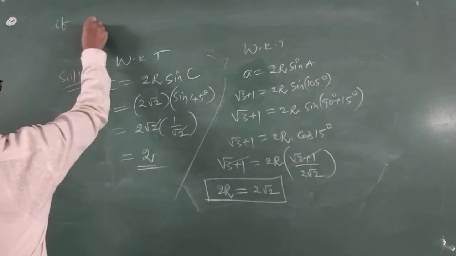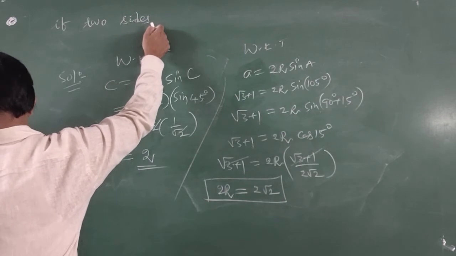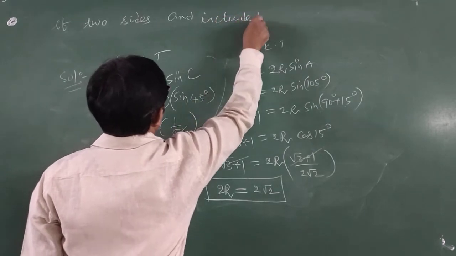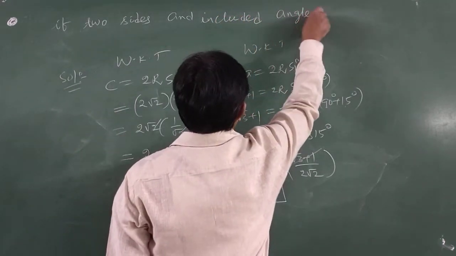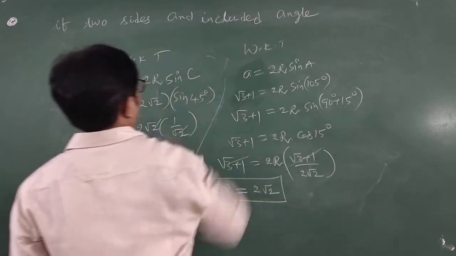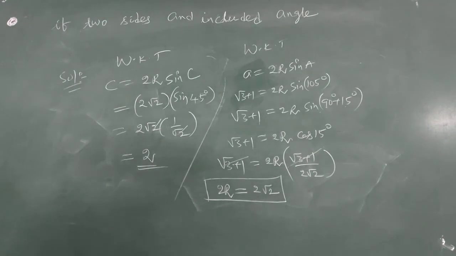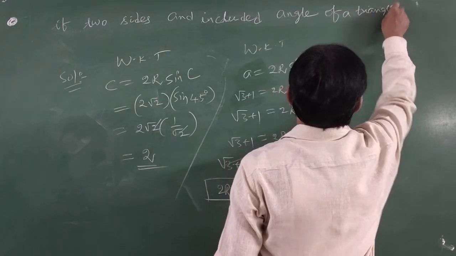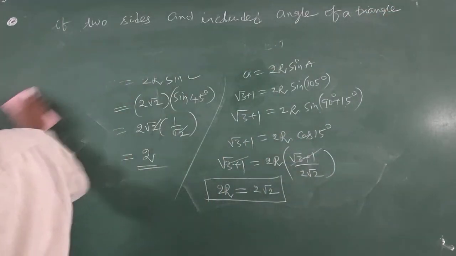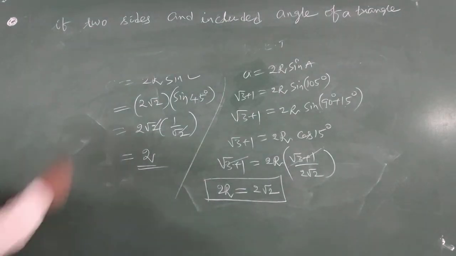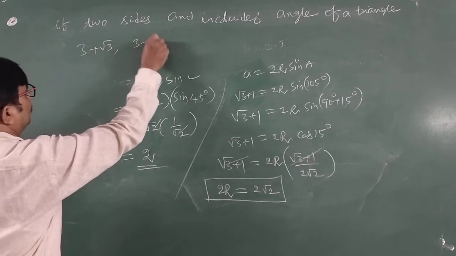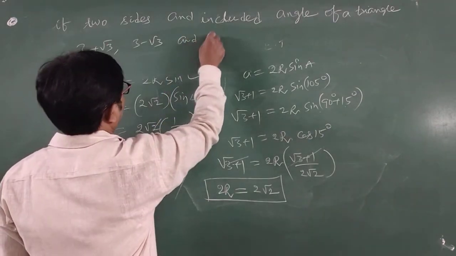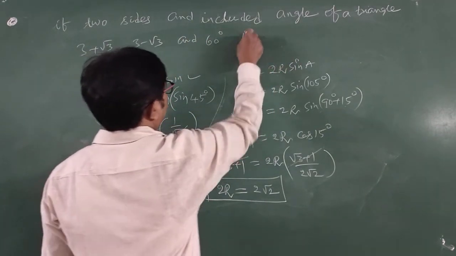Next question students, if two sides and the included angle of a triangle are 3 plus root 3, 3 minus root 3 and 60 degrees, then the third side is.